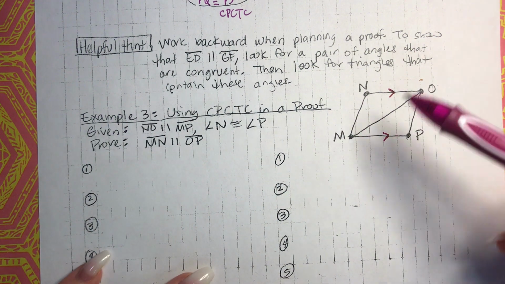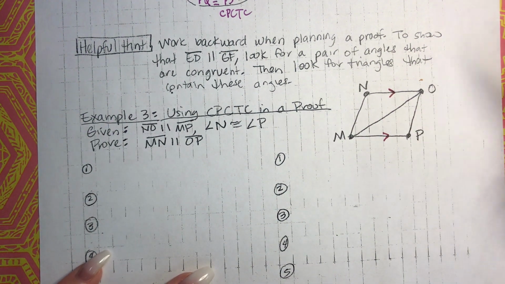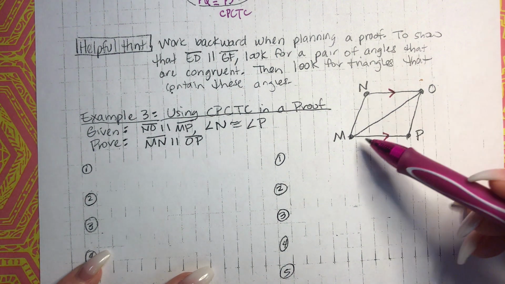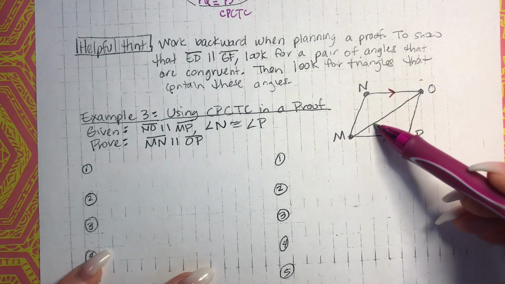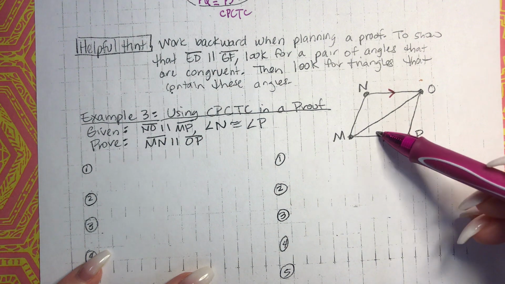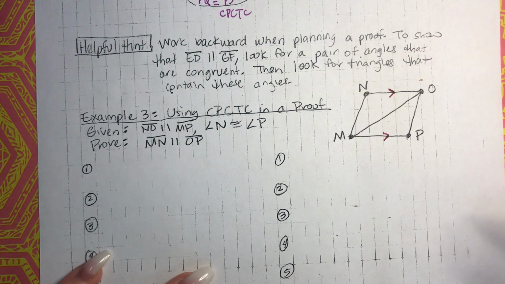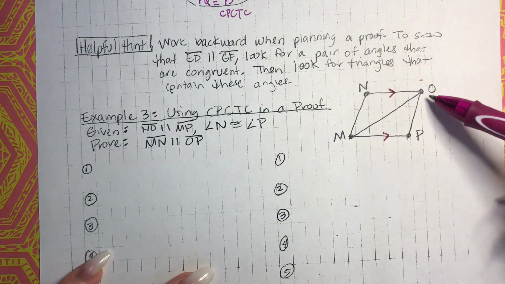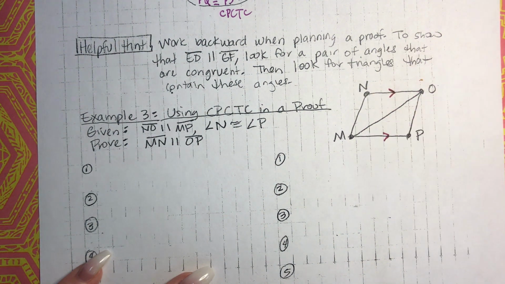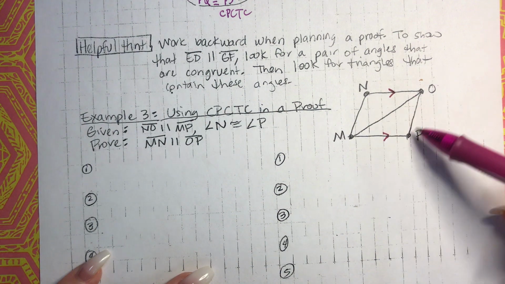So when it comes to the proof, I'm just thinking about things. What do we see? These two lines are parallel. We could have a transversal, and so we could say that maybe these two angles are congruent by the alternate interior angles theorem. This could be a transversal, this could be a transversal, there could be a variety of things.